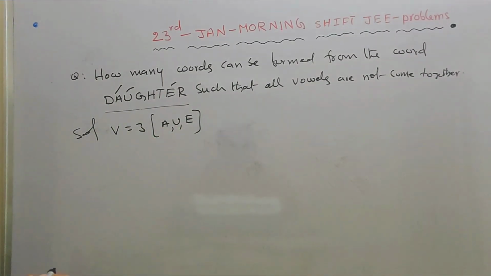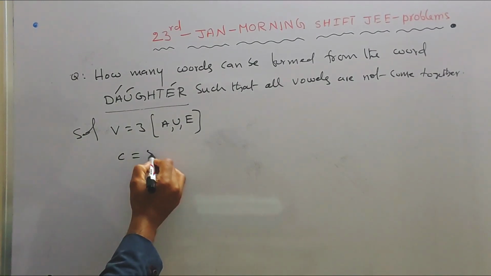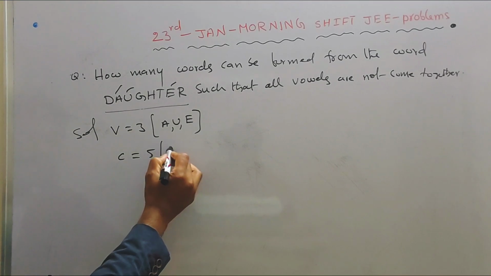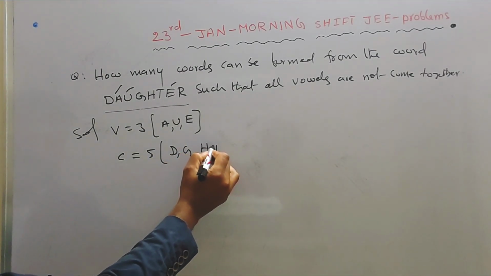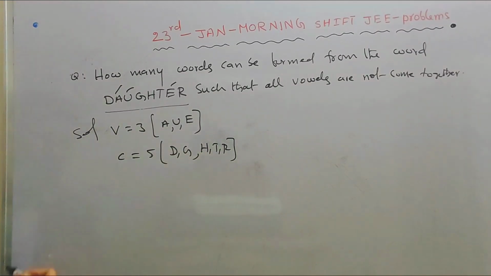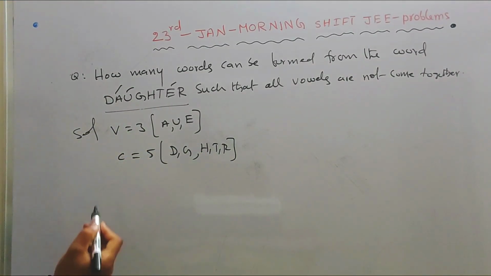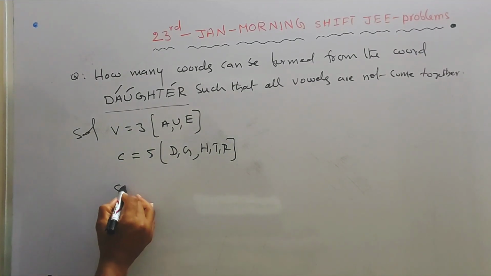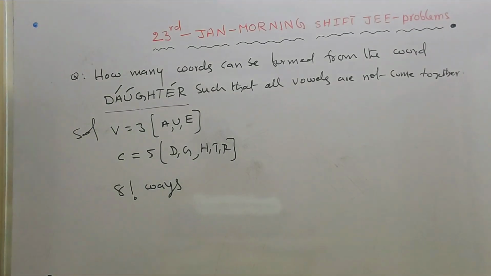How many consonants are there here? There are 5 consonants, the remaining ones: D, G, H, T, R. So 3 vowels, 5 consonants. We can arrange these 3 vowels and 5 consonants in 8 factorial ways.